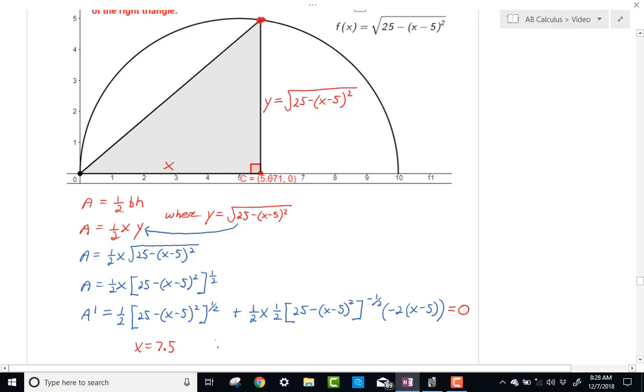So my y value is going to equal the square root of 25 minus x minus 5 squared. 25 minus 7.5 for x minus 5 squared, and when I punch that into the calculator, I get 4.330.